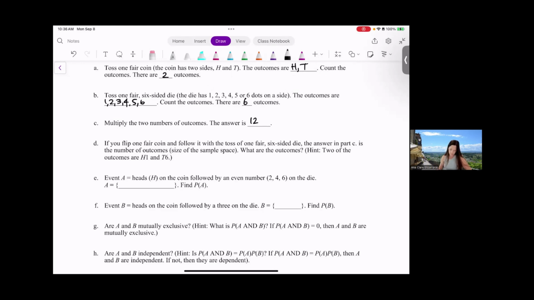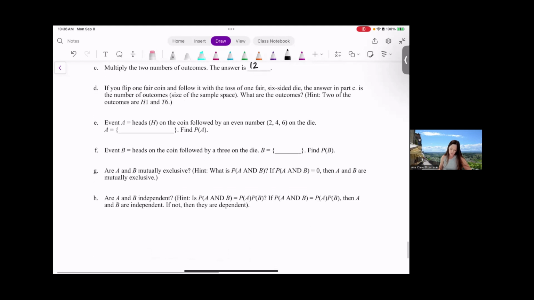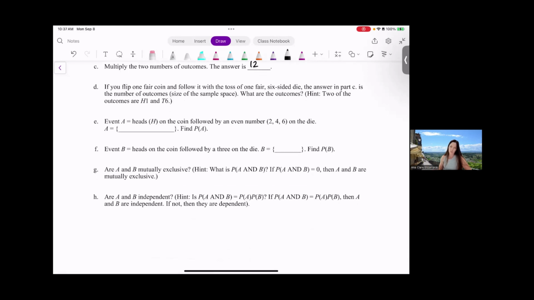If you flip 1 fair coin and follow it with a toss of a fair six-sided die, the answer in part C is the number of outcomes. What are the outcomes? We just listed them. So let's say I have heads 1, heads 2, heads 3, heads 4, heads 5, heads 6, then tails 1, tails 2, tails 3, tails 4, tails 5, and tails 6.